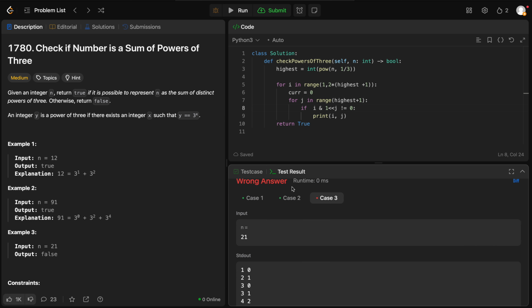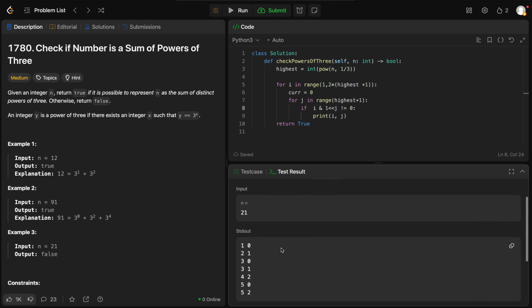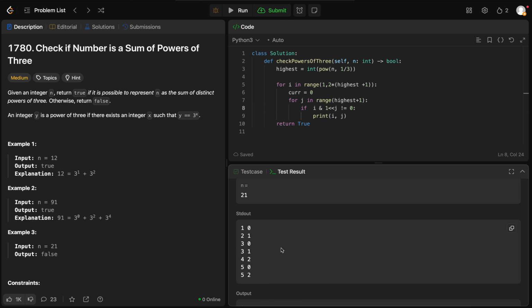My input was 21. And I got what? It seems I got this looks good, but I messed something up.